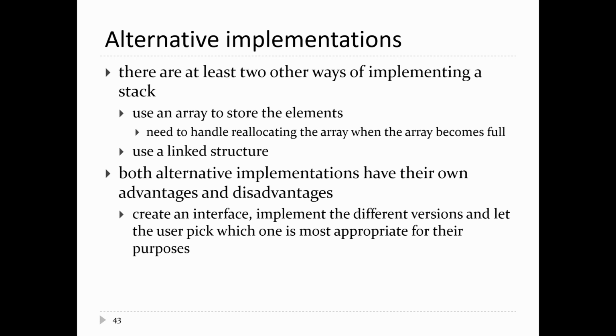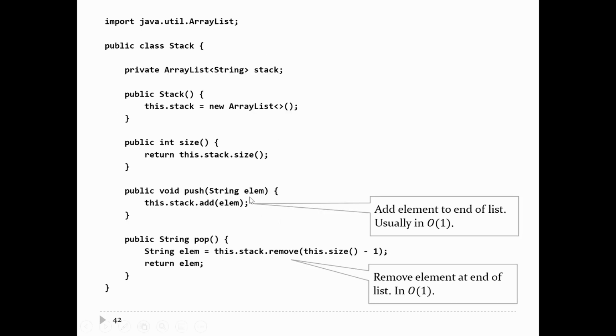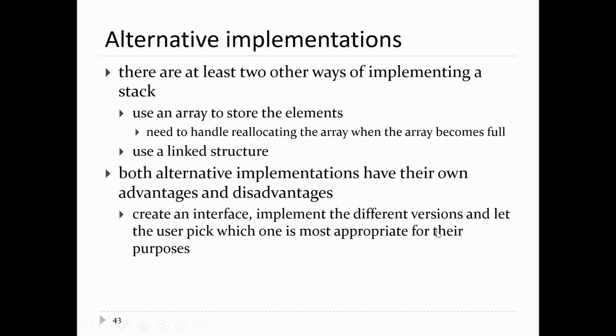But with a linked structure, you can guarantee that push is always O(1), which you can't guarantee with an array or an array-based list. Occasionally, push for an array or array-based list is O(n). So there you have several possible implementations, each with their own advantages and disadvantages.